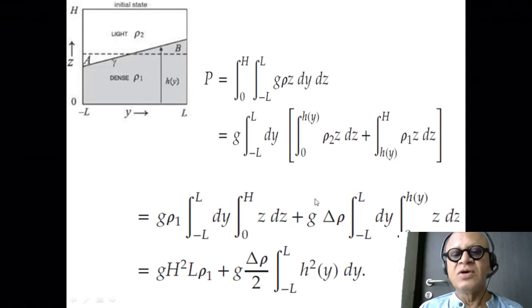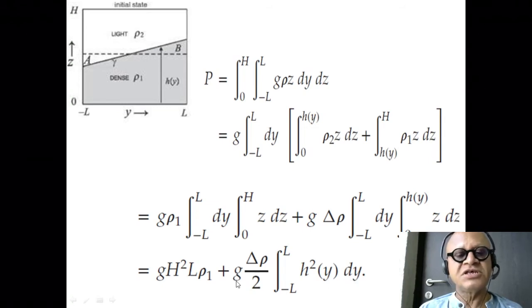Basically, we are taking the difference of rho 2 and rho 1 as delta rho, and expressing rho 2 and rho 1 in terms of delta rho. So the equations are essentially the same, and we have just reorganized it. I'm just going to focus on this expression here. You have one term g h squared L rho 1 plus g delta rho over 2, integral from minus L to L of h squared y dy.